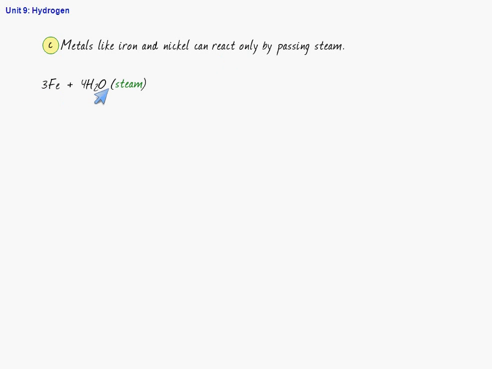Then C. Metals like iron and nickel can react only with steam, because these elements are very less reactive. And this is a very famous reaction, 3Fe plus 4H2O, where the 4H2O is from steam, gives Fe3O4 plus 4H2.